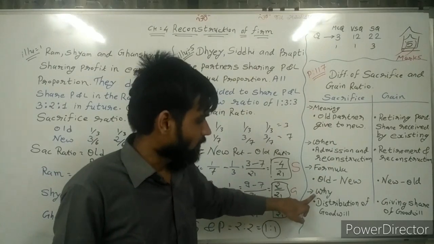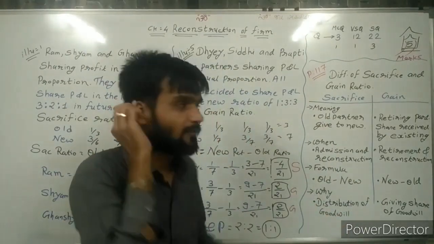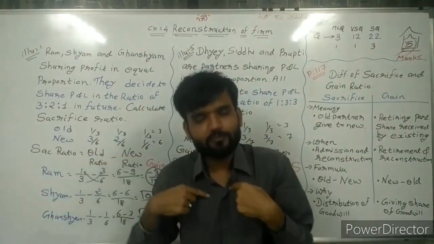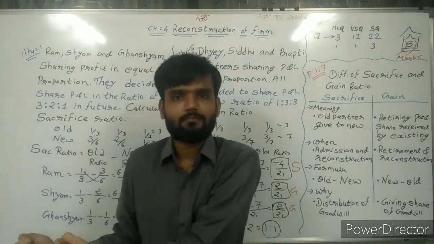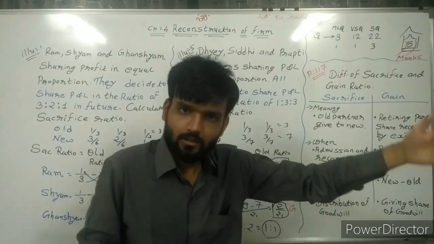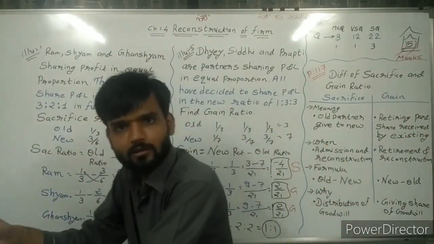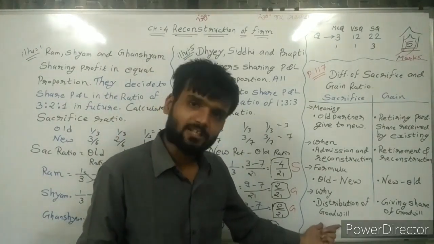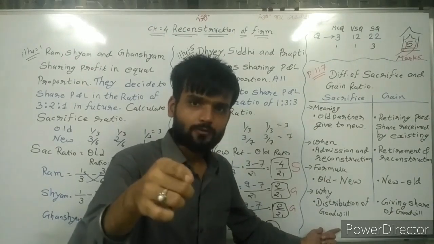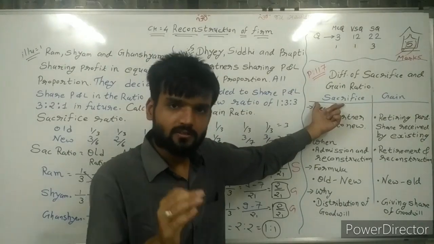That's why we find sacrifice: because partners who have sacrificed, we give the goodwill amount to them. The new partner brings goodwill, and we give it to the old partners who are sacrificing. For the goodwill distribution, the sacrifice ratio is found.